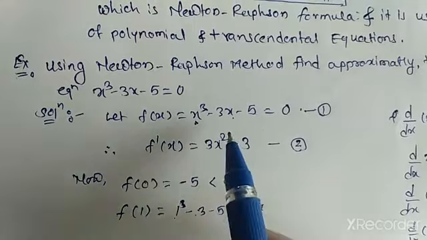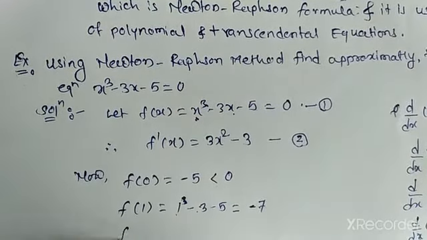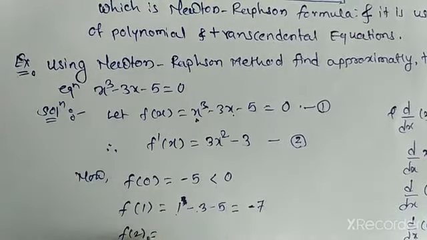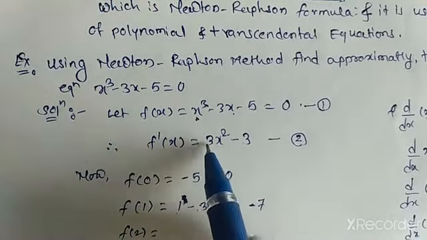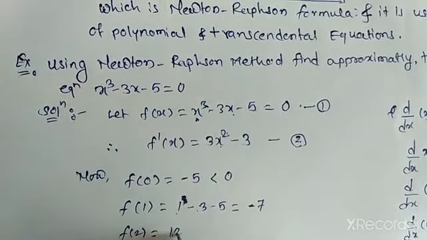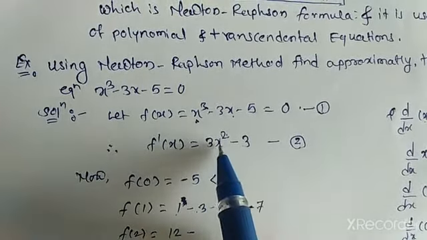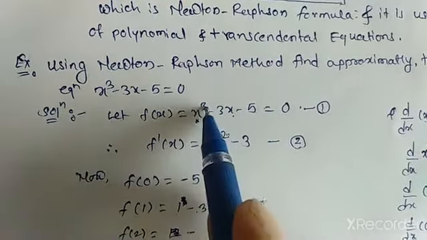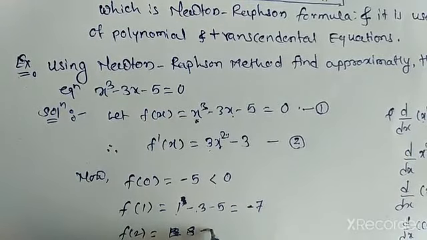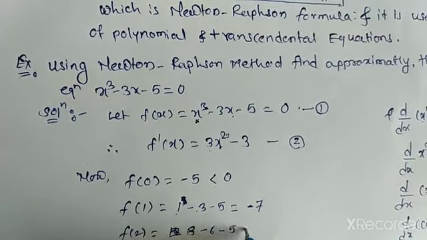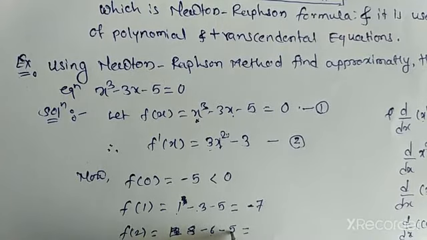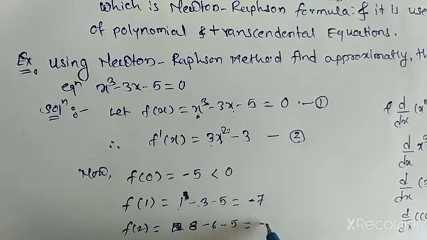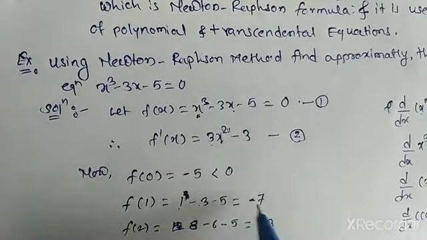For f of 2 it will be 2 cube, which is 8, minus 3 into 2 is 6, minus 5, which is minus 6 minus 5 is minus 11, and 8 minus 11 is minus 3, which is again less than 0.